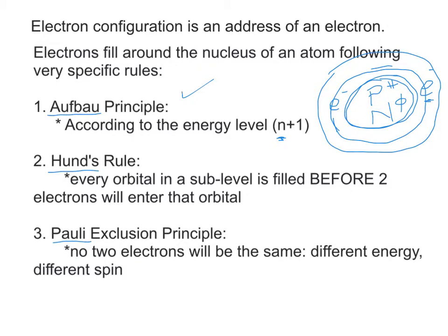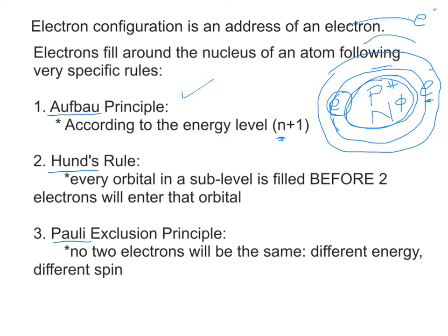So if it's way out away, and we're going to say that this one has 1, 2, 3, 4 energy levels, and it's in the fourth row in a periodic table, this electron out here is going to have a whole higher level of energy than this electron down here in the first row.